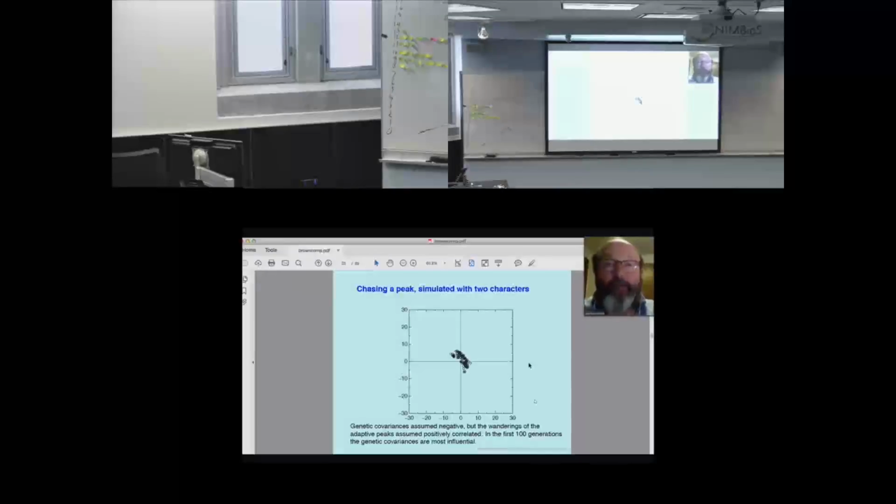If for some reason of encountering similar environments, for example, the peaks for two species that are perhaps at different places on the tree are attracted to each other, that could result in convergence. It's very important to note, by the way, that convergence is never in all characters of the species. Individual characters or sets of characters can converge.